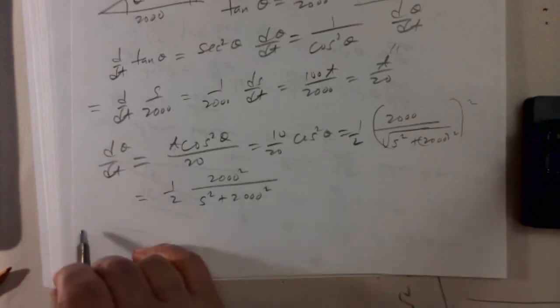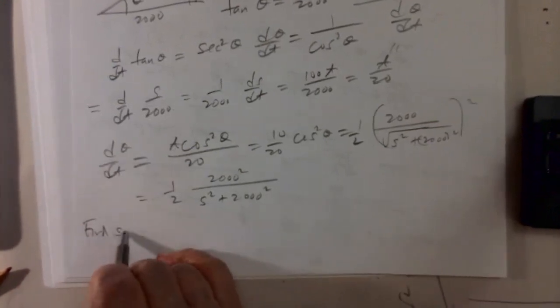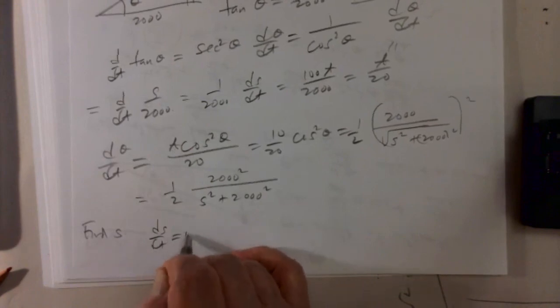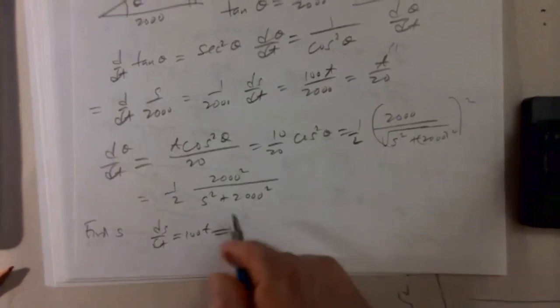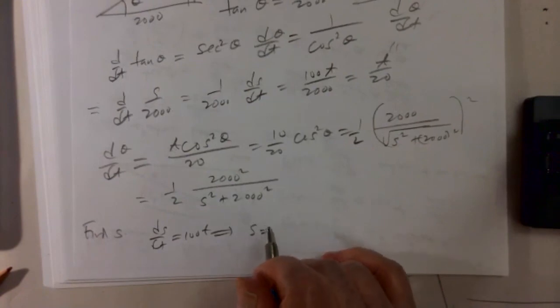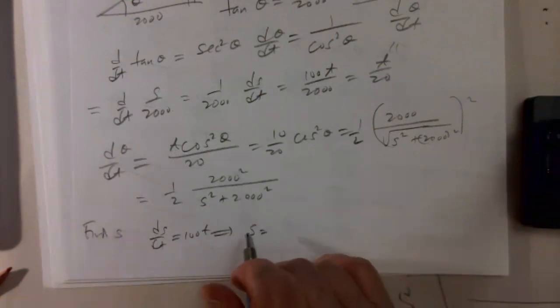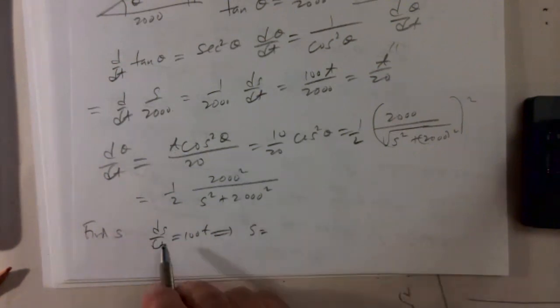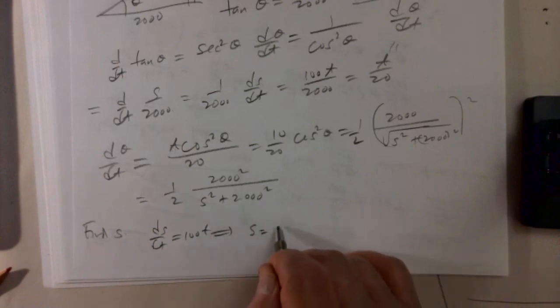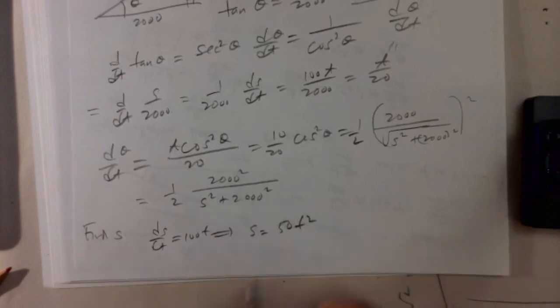What is S? So if ds dt is 100t, then S is equal to, so what function, when you differentiate, gives you 100t? It is 50t squared.